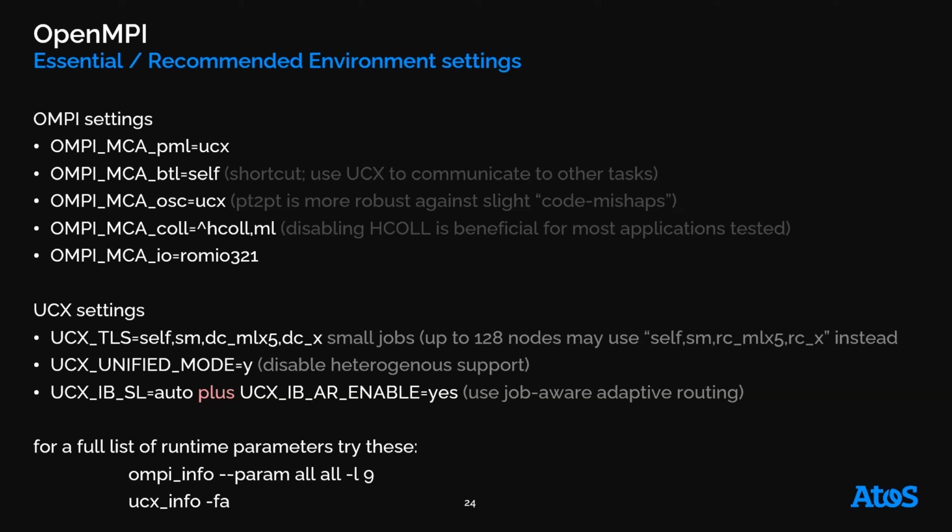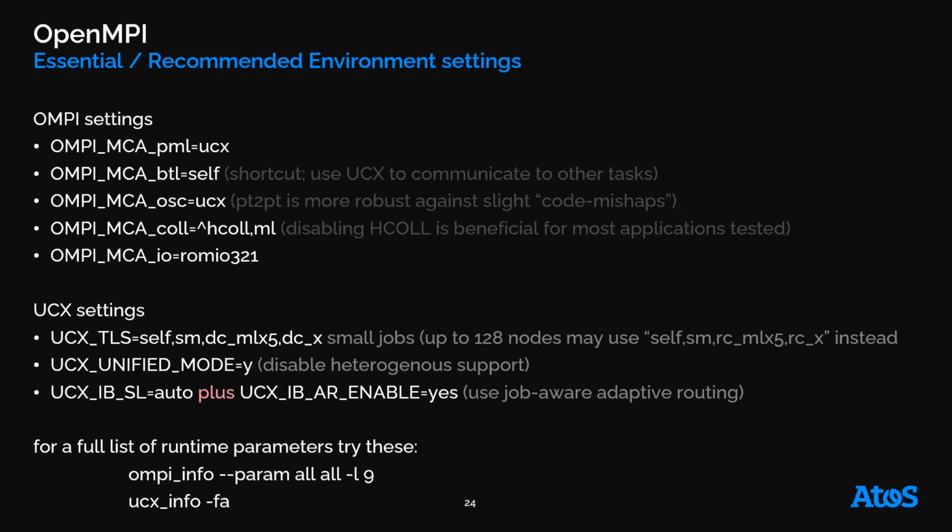And last but not least, for large jobs, you may want to activate adaptive routing, which is done using these two environment variables. If you would like to see the full list of all runtime parameters, you can try the commands at the very bottom of this slide.